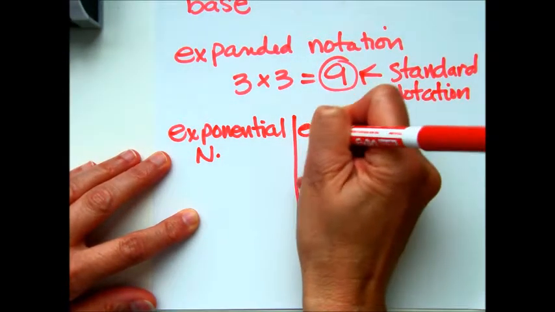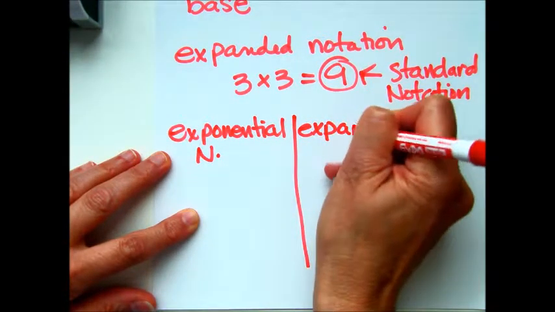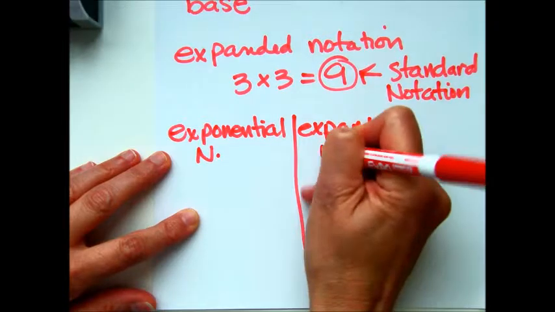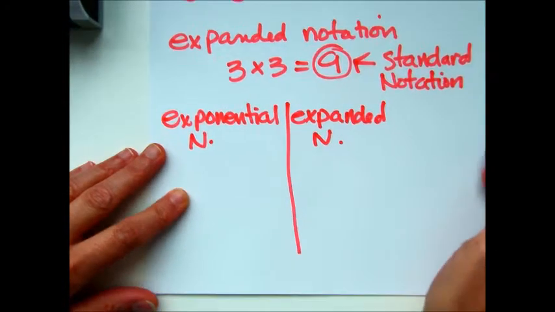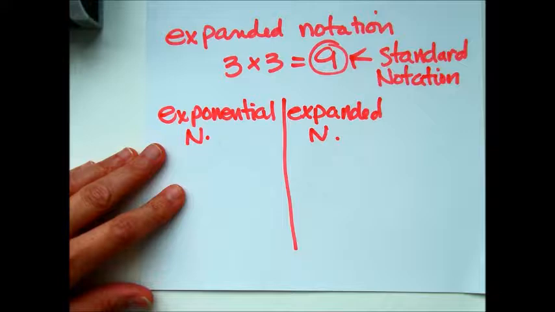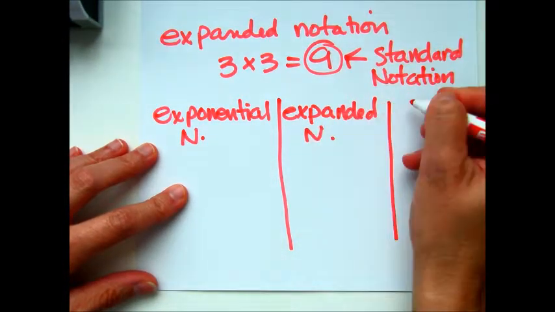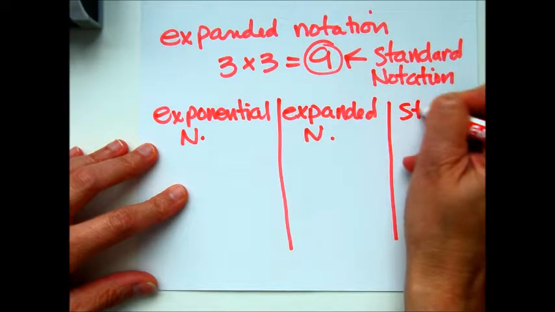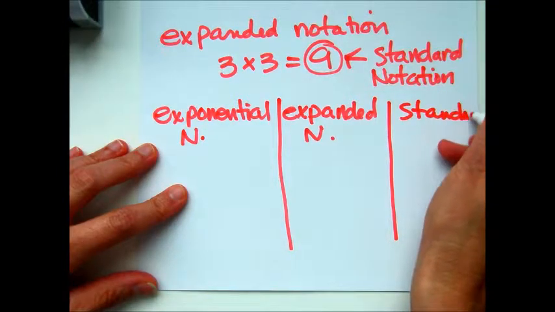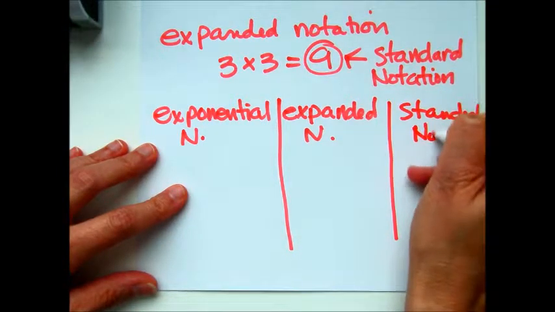Then you're going to have to write numbers out in expanded notation. And then lastly, it will be in standard notation. So the answer to the problem would be the standard number. Okay.